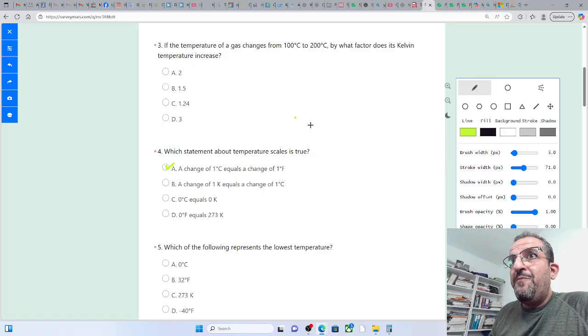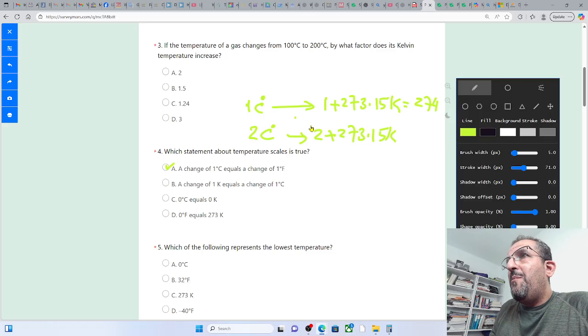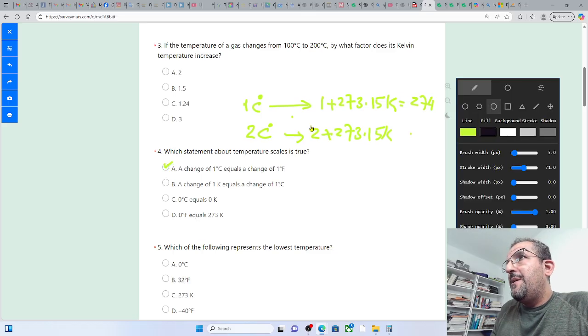So why is that? If I have 1 Celsius and here 2 Celsius, and I change the 1 Celsius to Kelvin, I do 1 plus 273.15 Kelvin, and for 2 Celsius I do 2 plus 273.15 Kelvin. This is going to give me 274.15.